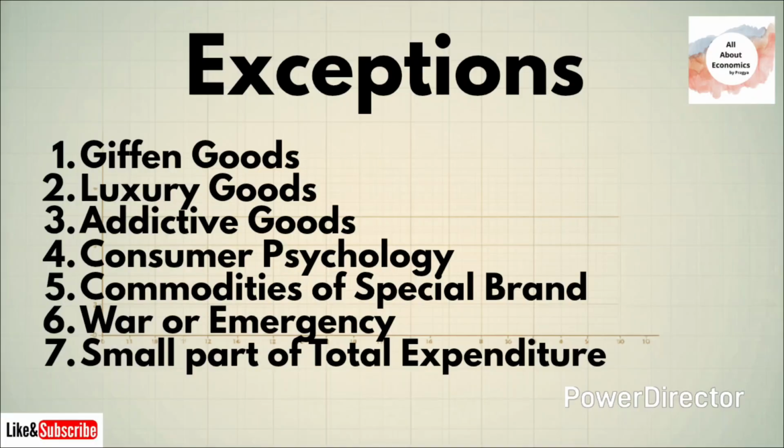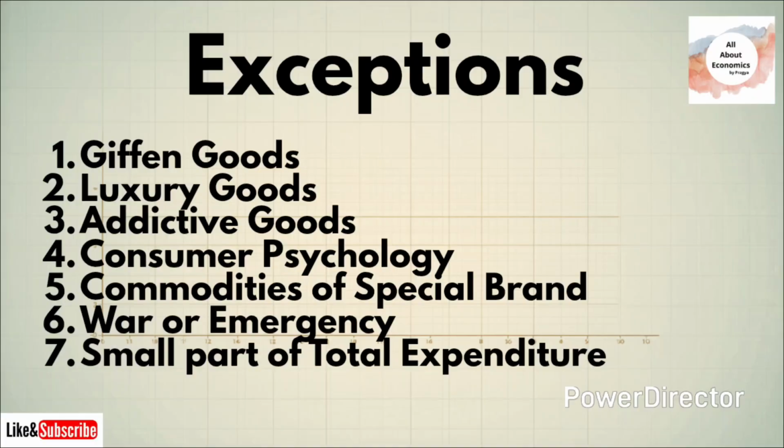Giffen goods are the low income goods that in a particular situation the people who are below poverty line purchase. For example, it was basically a situation where in a war the people who were not able to purchase the goods had the choice of purchasing between, suppose, wheat and another product like meat. So these are the two basic products, and if the price of one of the goods suppose increased, right?